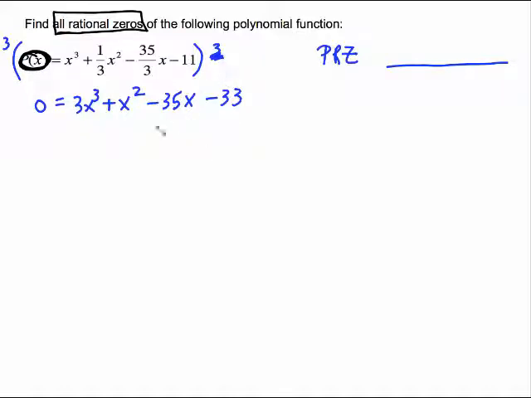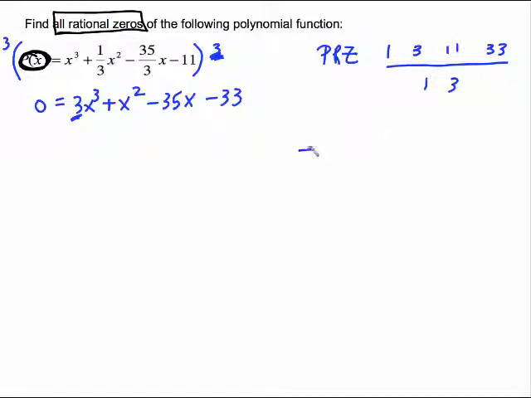So multiplying by 3 gave me this polynomial, and now I can write the factors of the back number, 1, 3, 11, 33. I spread them out a bit on the top over the factors of the front number, which are 1 and 3. So separate that out. That looks like 1, 3, 1 and 3.